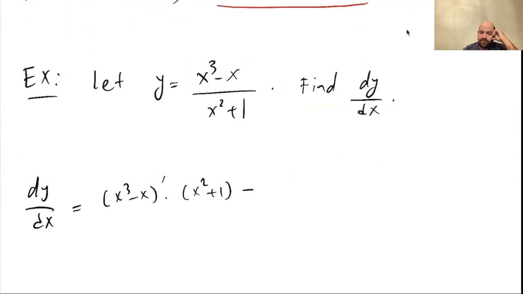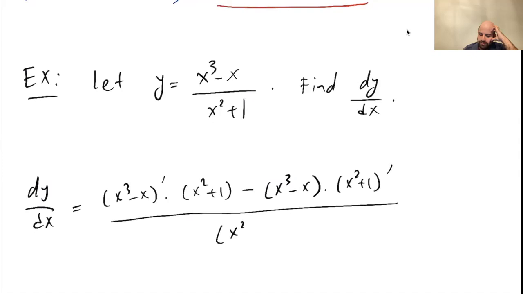So u prime v, derivative of top times bottom, minus top, which is x cubed minus x, times derivative of bottom, divided by x squared plus 1 to power 2. U prime v minus u v prime divided by v squared.